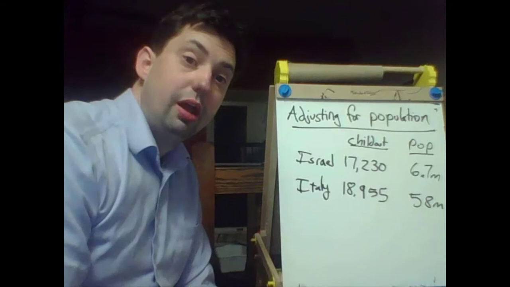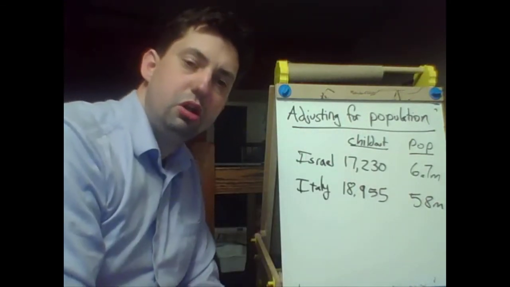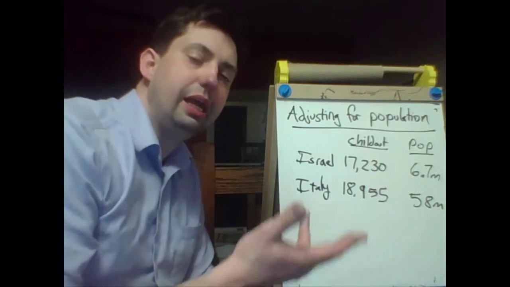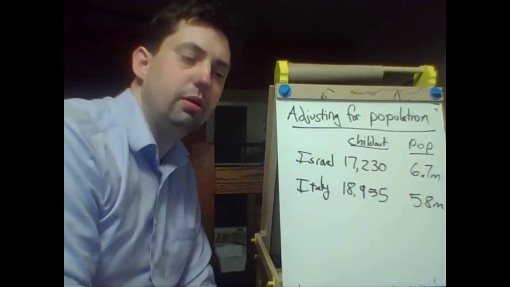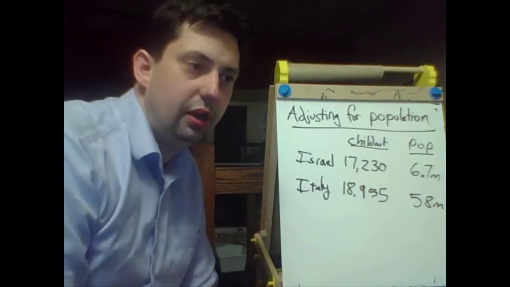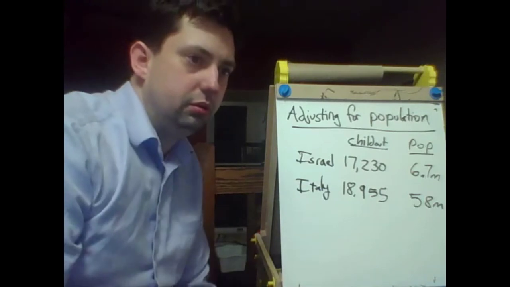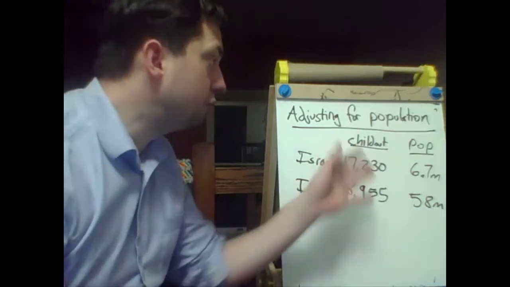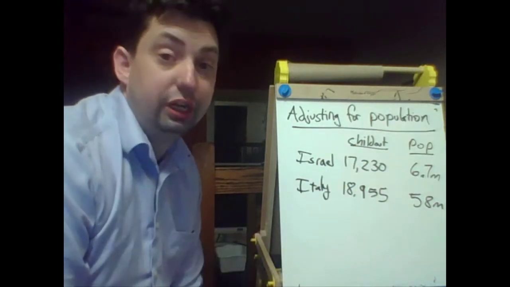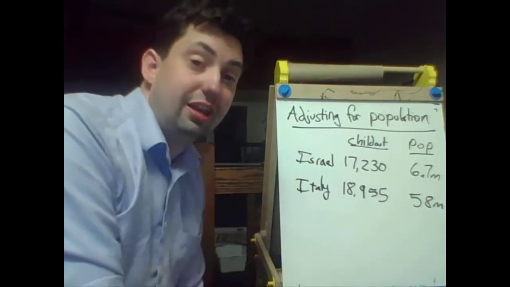It's necessary when, whatever data you're looking at, whatever variable you're considering, it would automatically increase, or would be really likely to increase, if you just add more people. If you add more people, then the total number of kids out of school will naturally increase, because every family has a certain percent of kids out of school.